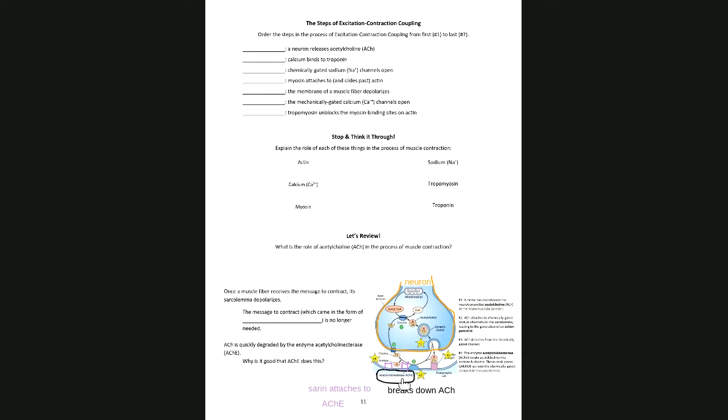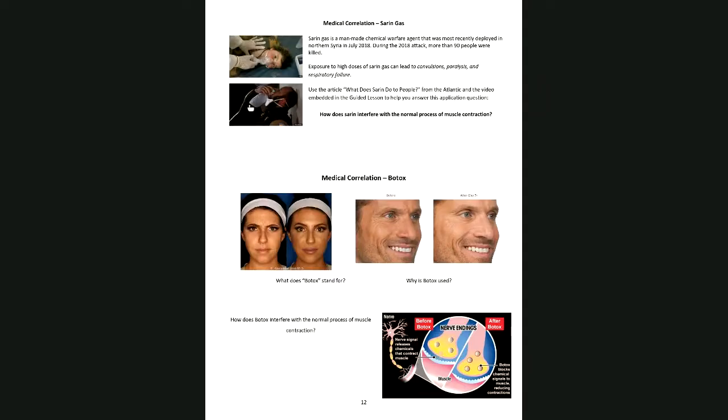So like when we were talking about sarin gas in Syria, what usually makes sarin gas fatal, if it's going to be fatal, is respiratory failure. Because muscles like your diaphragm got a message to contract, and they just keep contracting until they run completely out of energy and can't contract anymore.